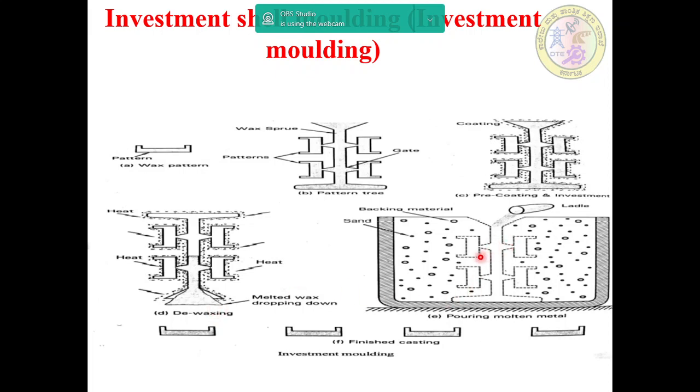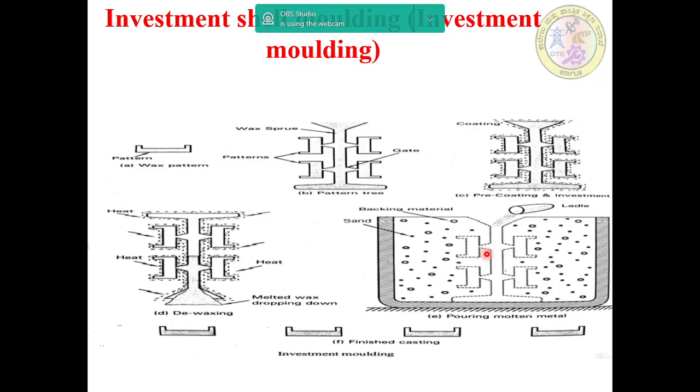After casting the metal, the shell is broken and the required castings are separated, cut off from the sprue and gate. Wax is collected and then reused, and then castings are collected for dispatch.